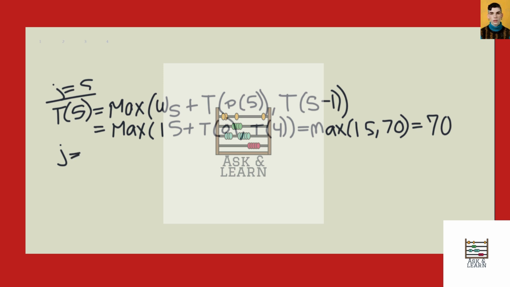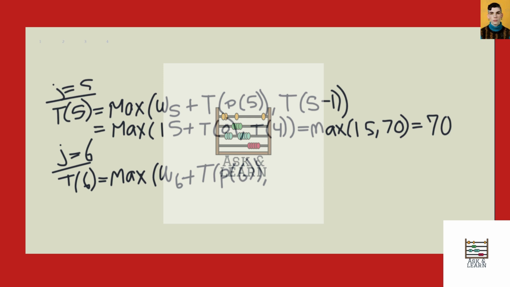So now if we look at j is equal to 6, we consider the case of T6 is going to be the maximum of everyone who attends lecture 6 plus the people who are in our compatible lectures, or the number of people from the previous step. Okay, so this is the maximum.